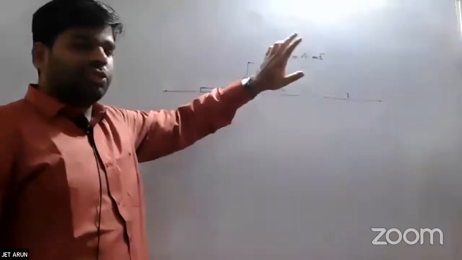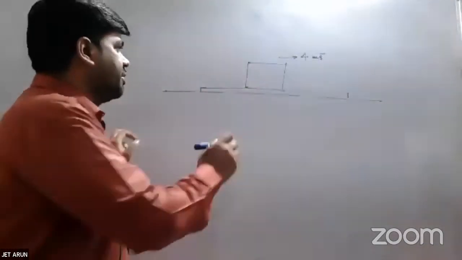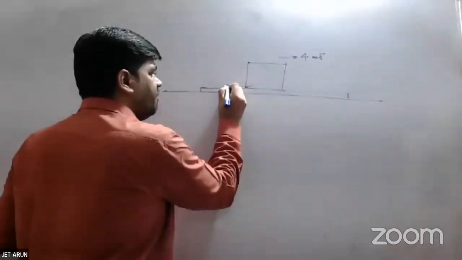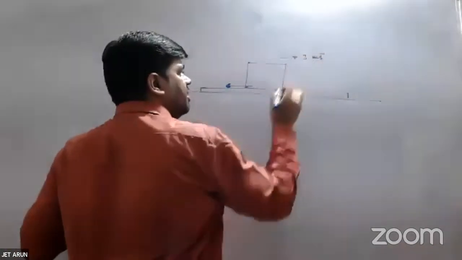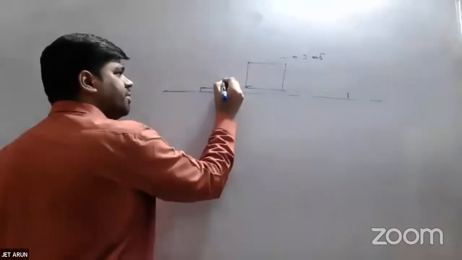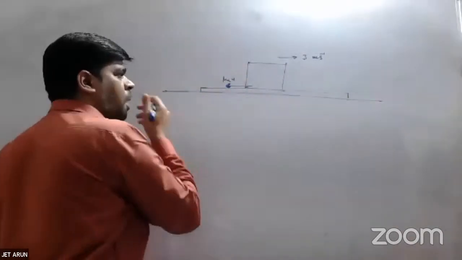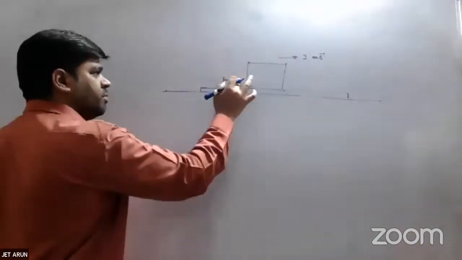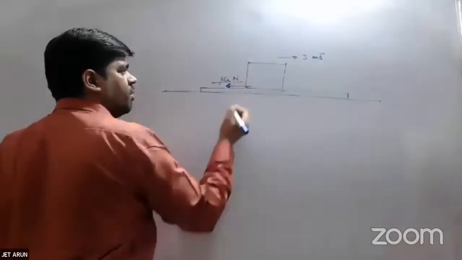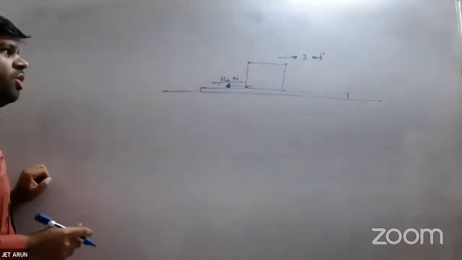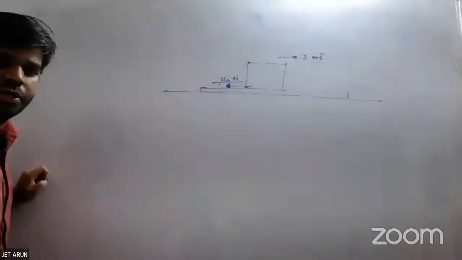So that means the friction is going to be kinetic and towards left. It is independent of velocity: even if it is moving with 3 meters per second, my friction is towards left with the same magnitude mu k into N. All that matters is whether the particle is moving or not.